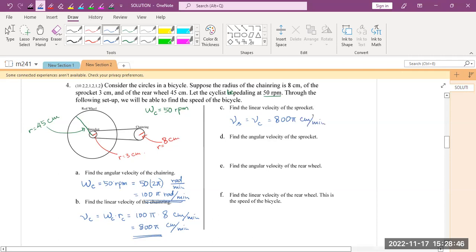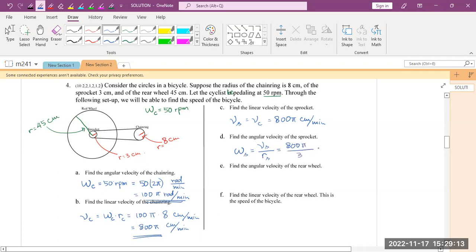Even though they have the same linear velocity, the angular velocity of the sprocket will be different, right? The angular velocity of the sprocket is equal to the linear velocity divided by the radius of that sprocket. In this case, that's 800 pi divided by the radius 3.